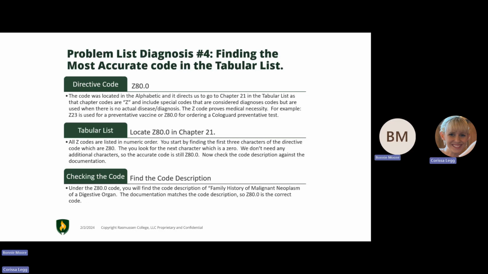Now, again, we're going to check the code. When we look at the Z80.0 code, you're going to find that the code description of family history of malignant neoplasm of a digestive organ matches the description. So Z80.0 is the correct code.